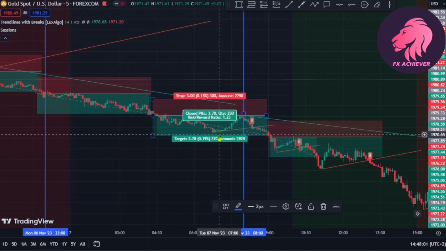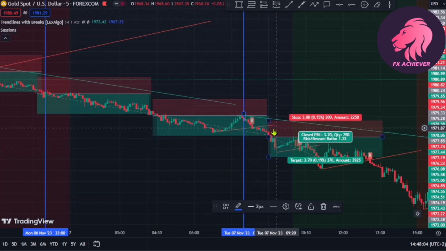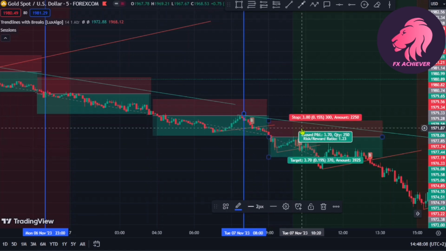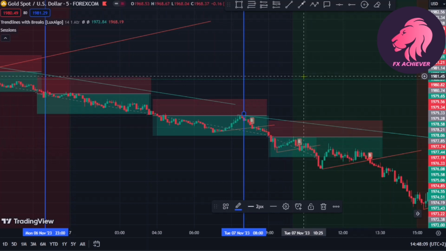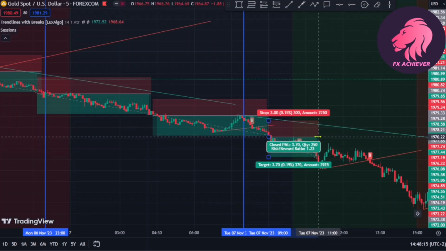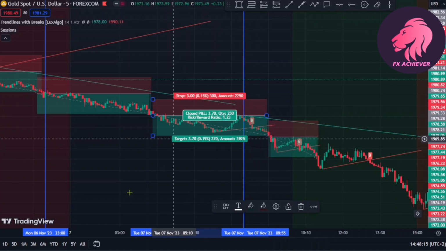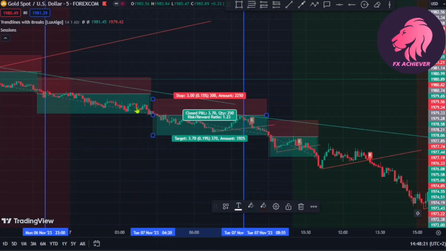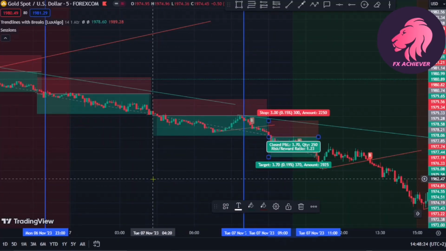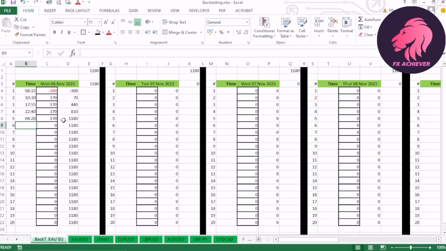But since the trade was still running, I waited patiently, and then I placed another one here so that I can check what is happening with my trades. So at around 4:20 it was a win, and then at around 9 a.m. I had another win.